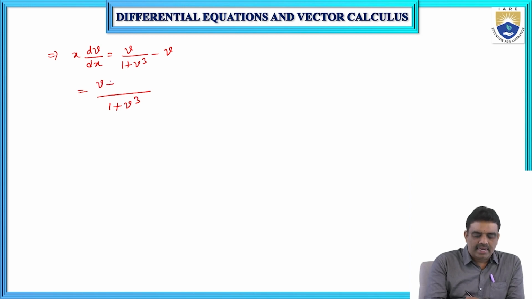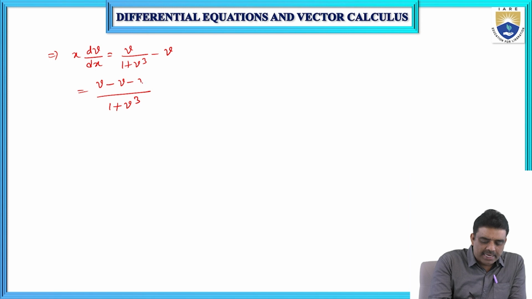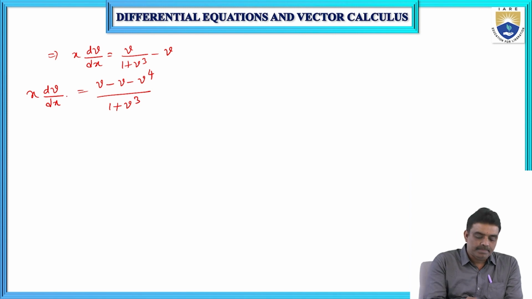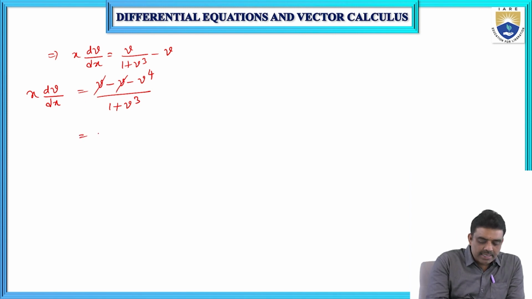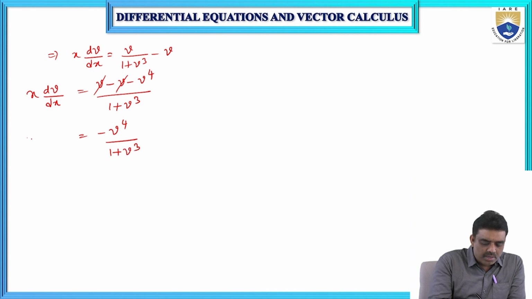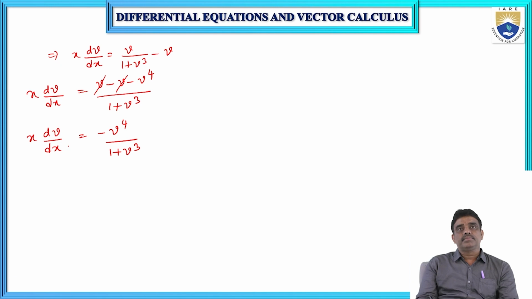In the numerator I have v minus v power 4, and v cancels, so it is minus v power 4 by 1 plus v cube. On the left hand side, x into dv by dx.